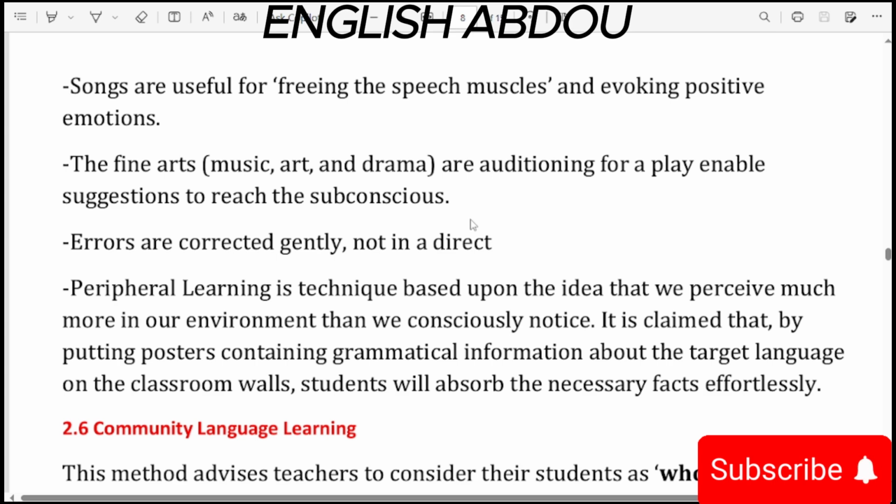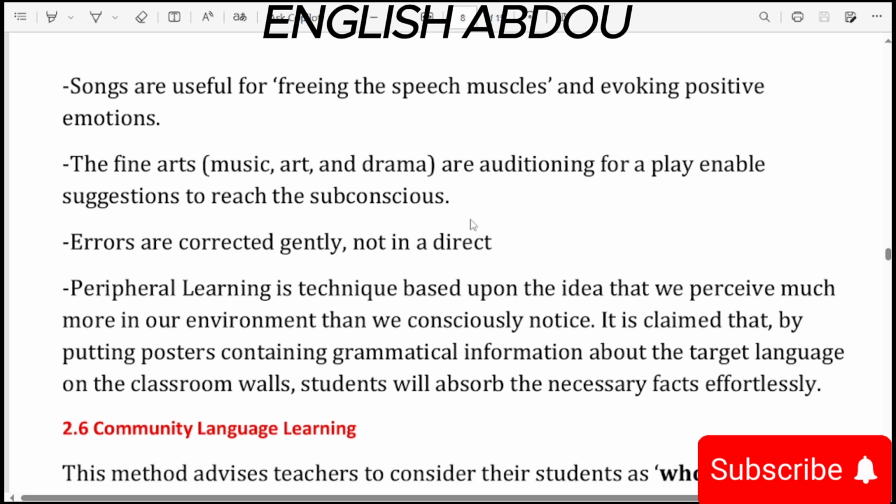Okay, peripheral learning is a technique based upon the idea that we perceive much more in our environment than we consciously notice. It is claimed that by putting posters containing grammatical information about the target language on the classroom walls, students will observe the necessary facts effortlessly.